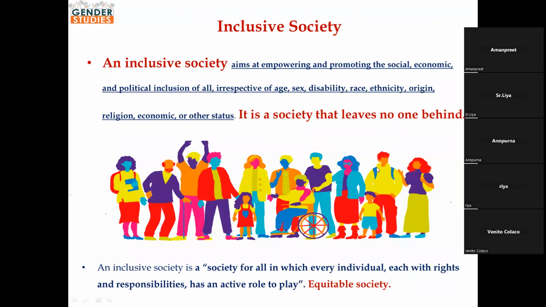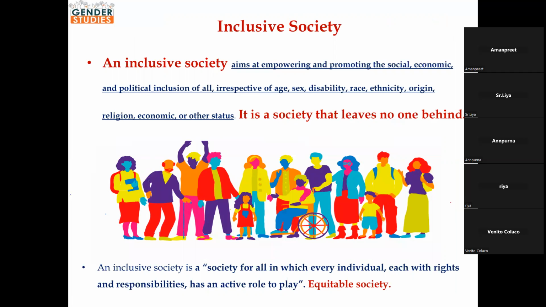So I come back to my previous slide where I talked about the inclusive society: a society for all in which every individual, each with rights and responsibilities, has an active role to play. Equitable society.